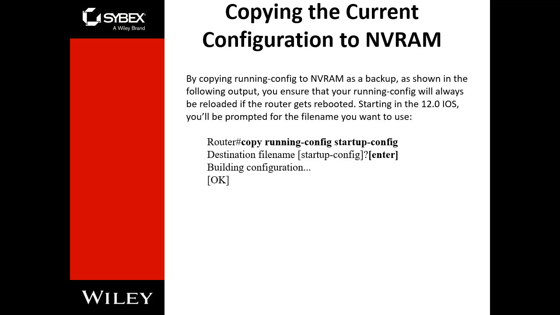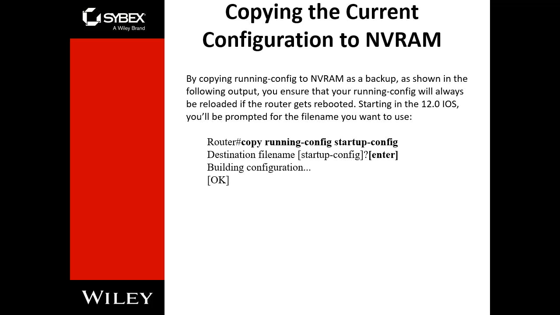Okay, volatile or non-volatile? It's volatile, correct. So the running config is stored in RAM. If we lose power or if we reload the switch or the router, we will lose the contents of RAM and we will lose the running config.